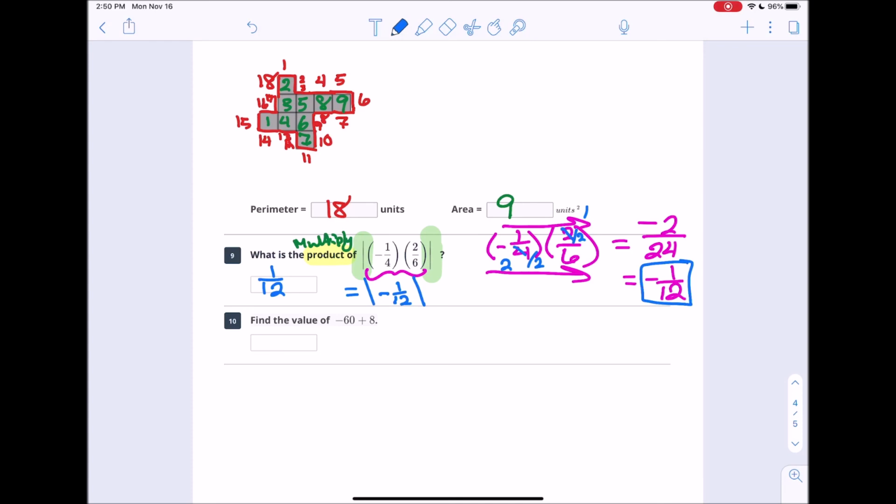Okay? And then last but not least, find the value of negative 60 plus 8. So we have to remember our rules for adding integers. Okay? So they are different signs.